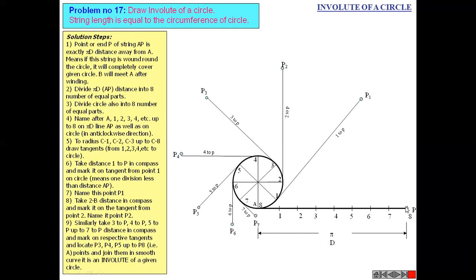This point itself will be my point P8. And with these points P1 to P8, we have to draw a smooth curve, and that curve will give you the involute of a circle.